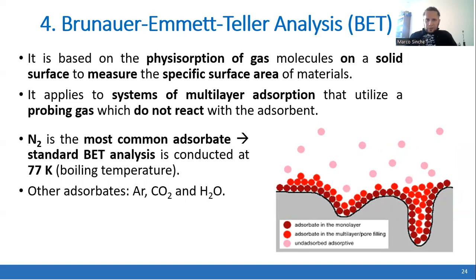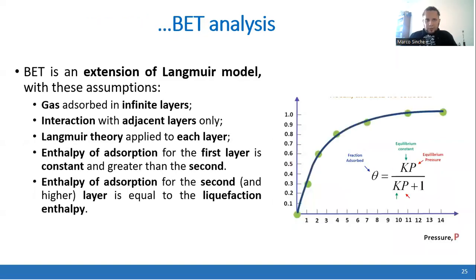So since the phenomenon is adsorption, multilayers could be formed. So it is important that the gas does not react with the adsorbent. That's why normally nitrogen is used as the probing gas. In those cases, the experiments are conducted at 77 Kelvin, which is the boiling temperature of nitrogen, but other gases could also be used.